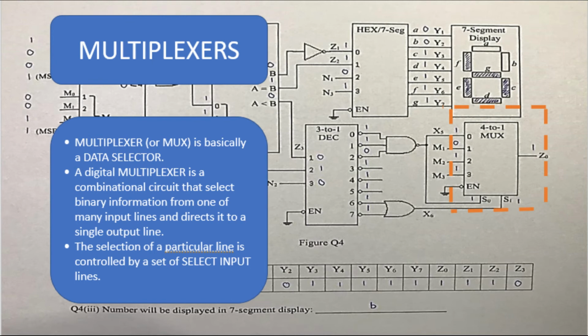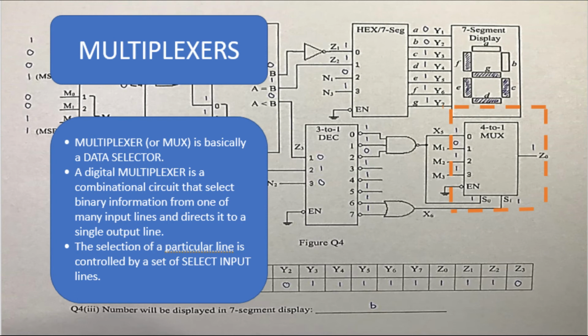If the selector is 00, the output will be m0, which is 1. If the selector is 01, the output will be the value of m1, which is 0. If the selector is 10, the output will be m2, which is 1.